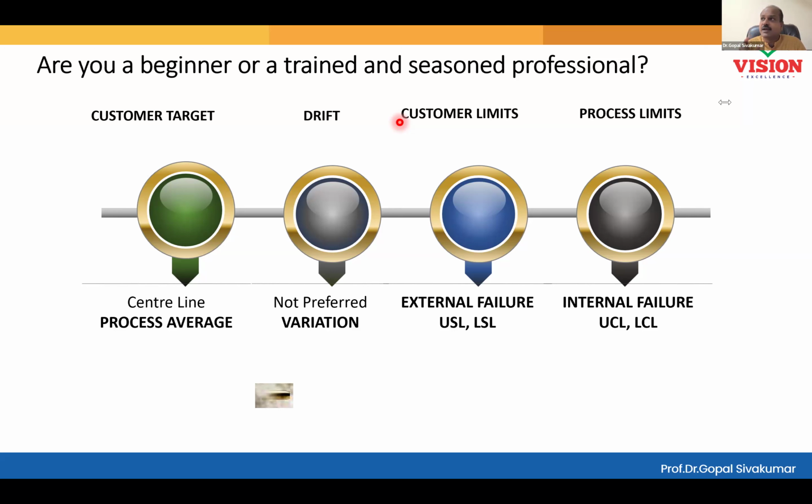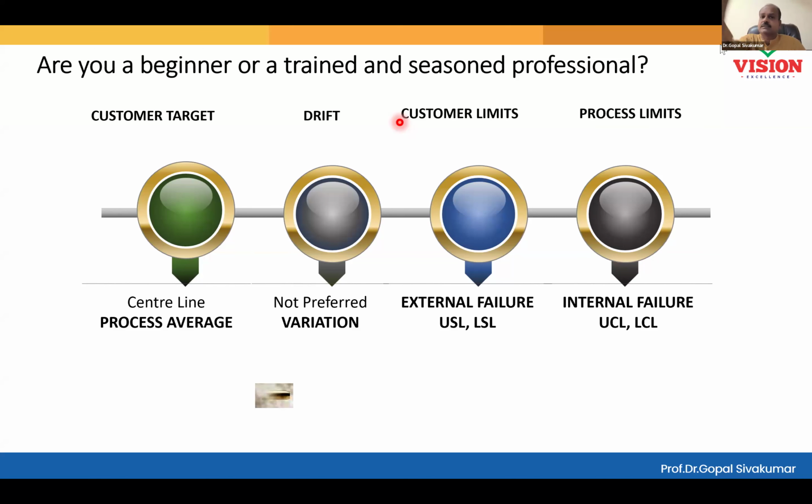Your car side mirror touching the wall is definitely an unusual event, isn't it? So, any observation falling outside the control limit should be treated as an unusual event or an out of control event, because normally all the output falls within the control limit only.